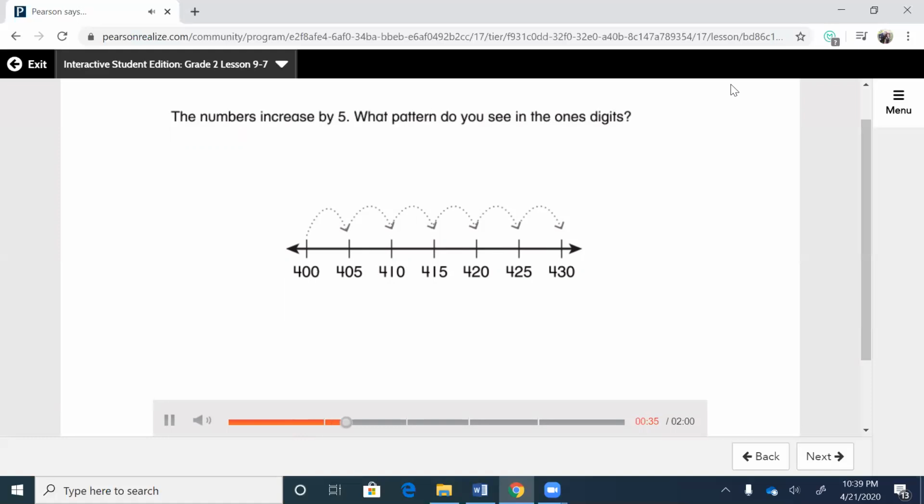It says, what pattern do you see in the ones digits? The ones digit is either a 0 or 5. What would come after 430? 435.